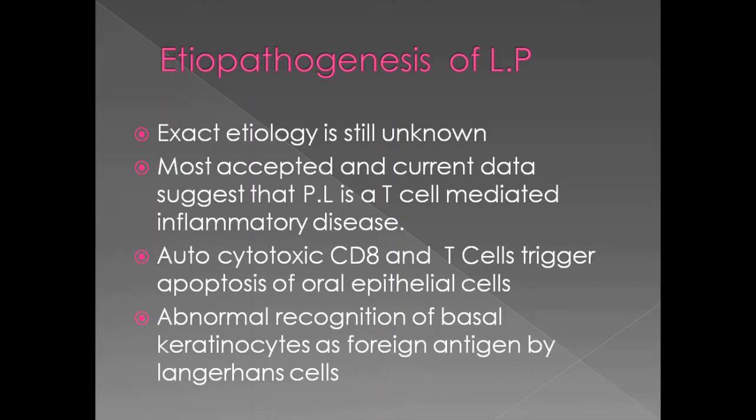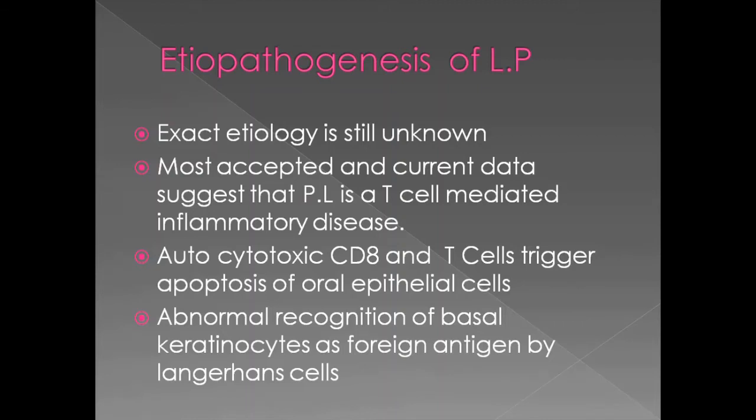The exact etiology of oral lichen planus is still unknown. The most accepted and accurate data suggests that lichen planus is a T cell mediated inflammatory disease. Autocytotoxic CD8 T cells trigger apoptosis of oral epithelial cells. I'll be explaining in detail by diagrammatic representation how this process takes place.